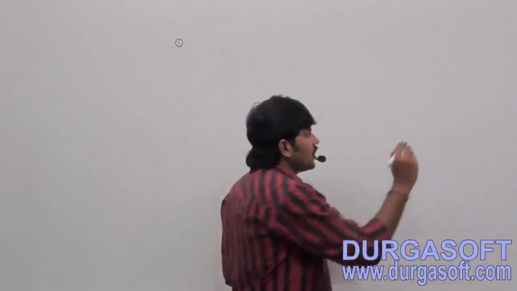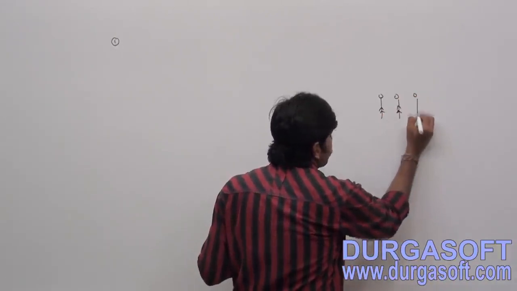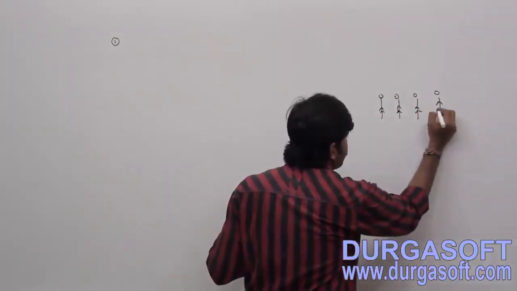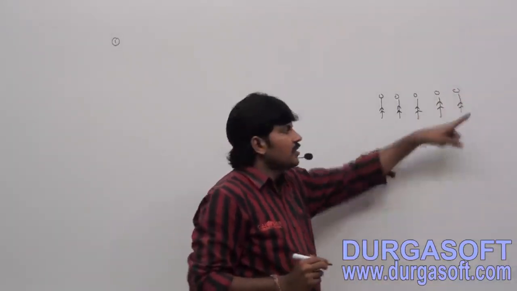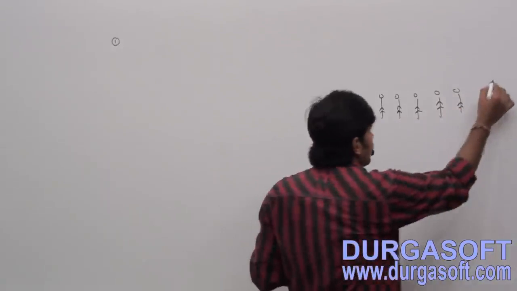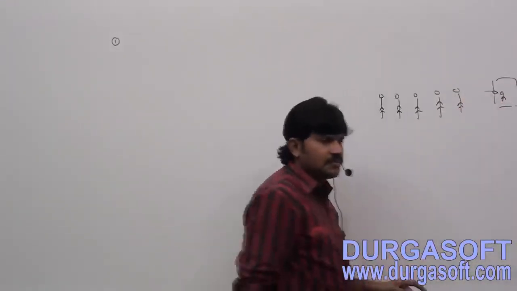Sir, I want to add one object to the queue. What method do we have to call? Not the simple normal add method. Just observe: these many members are there in the queue to get some service, like a cinema ticket. Here is the counter, and from the counter this person is going to provide the service.